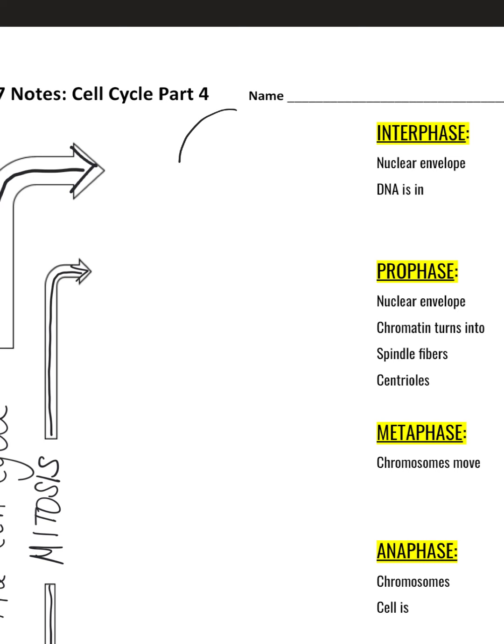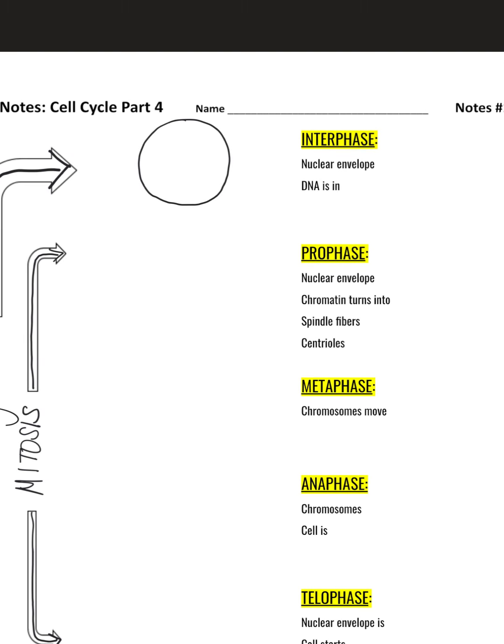Now, when a new cell enters interphase, it's going to be quite small. And remember, interphase consists of G1, S, and G2. So the cell is going to spend time growing, making more organelles, and making sure that it's ready to divide when it goes into M phase, specifically starting mitosis.